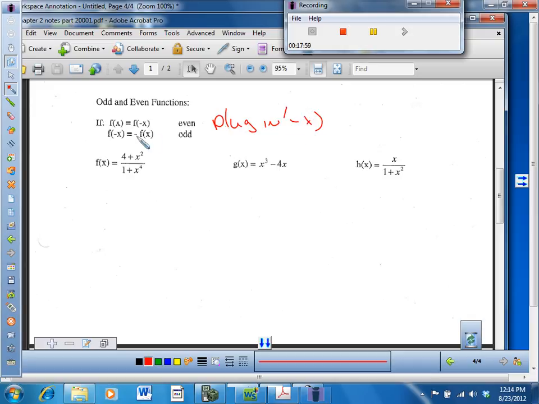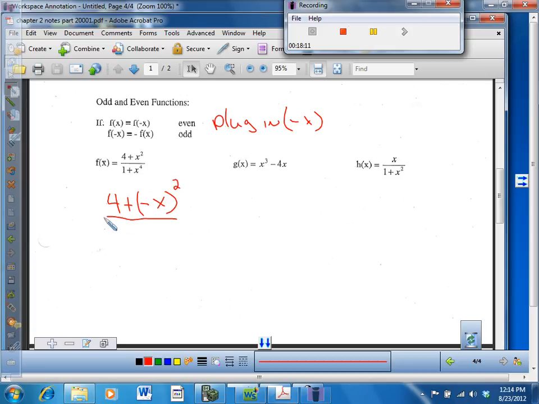And if the function doesn't change, then it's even. For instance, in this one, 4 plus negative x, you have to put it in parentheses, squared, over 1 plus negative x raised to the 4th. What happens when I do that?